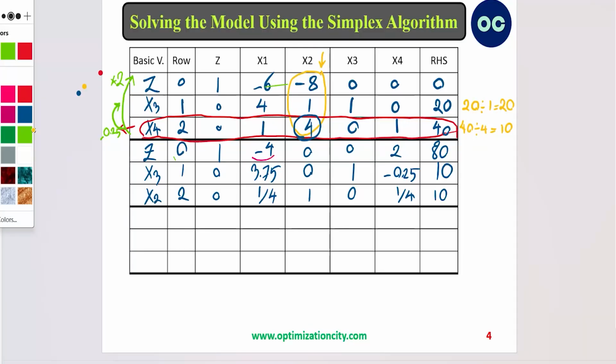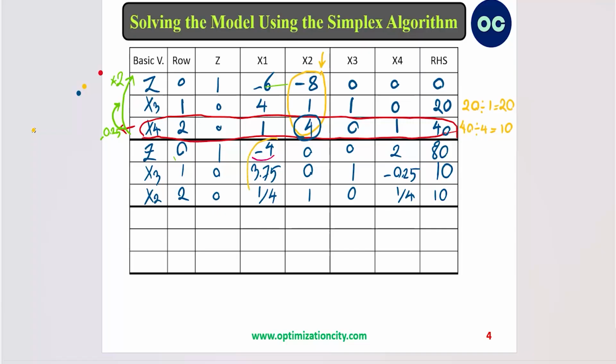Now x1 enters the basis because the coefficient of x1 is negative. We repeat the ratio test. The ratio test: 10 divided by 3.75 is about 2.6, and 10 divided by 1/4 would be 40.